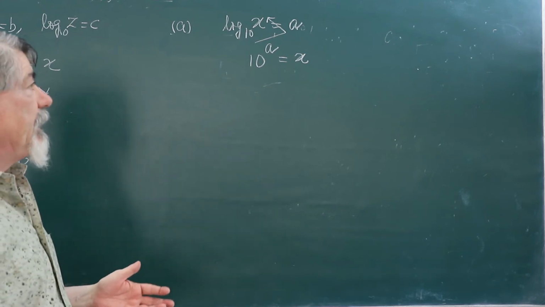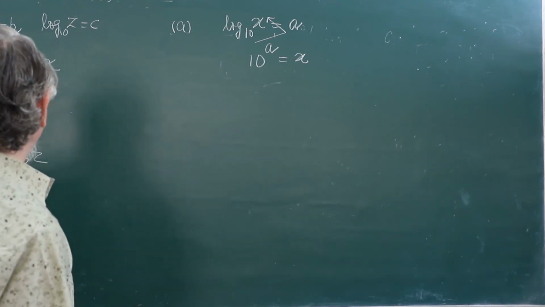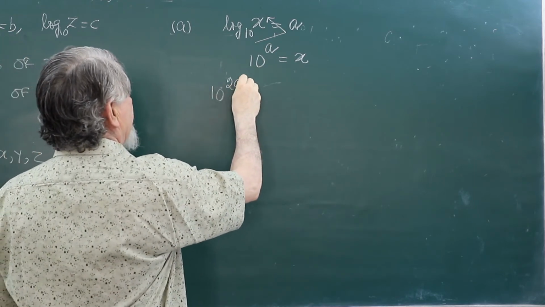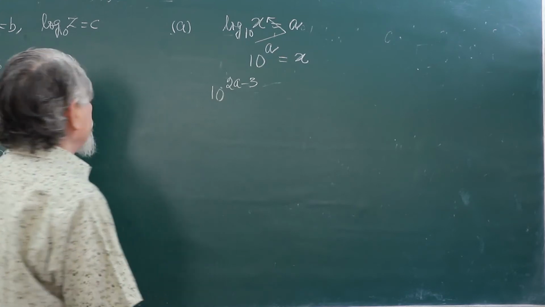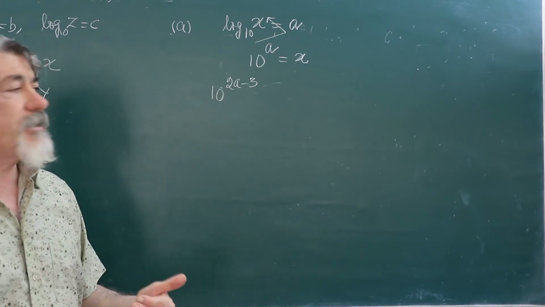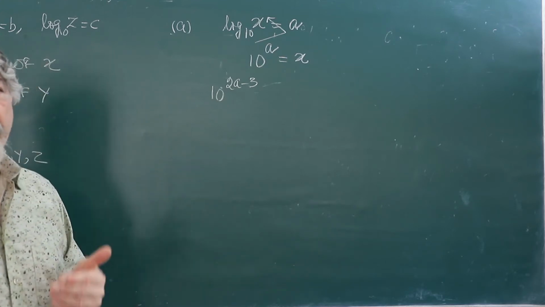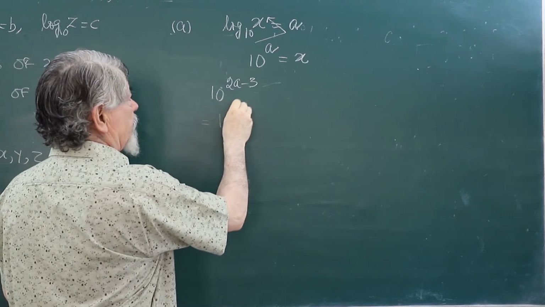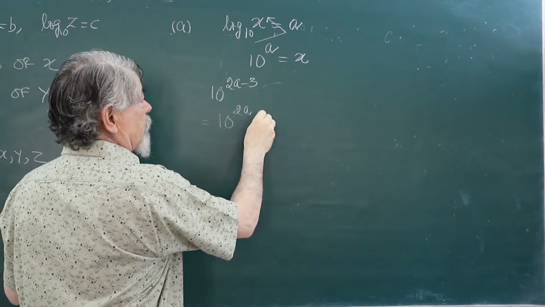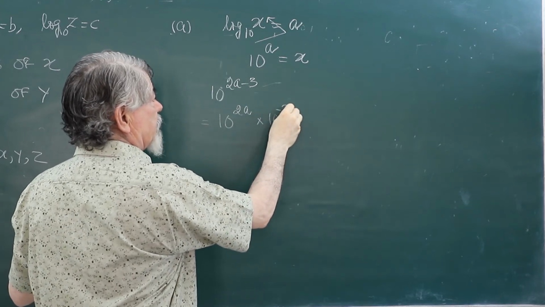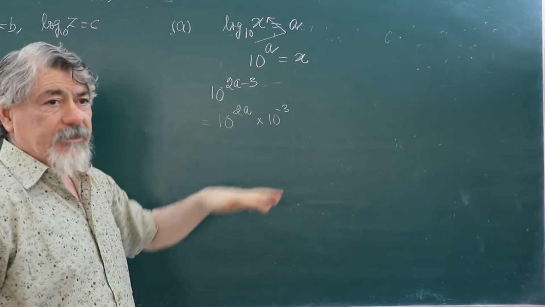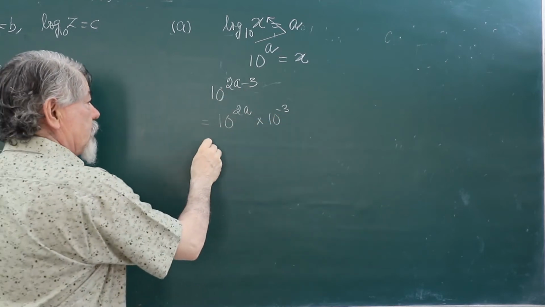So 10 to the power a is x, and what we have to do is write 10 to the power 2a minus 3 in terms of x. I can write it as 10 to the power 2a into 10 to the power minus 3. If the powers could be added, then they could be broken up also.